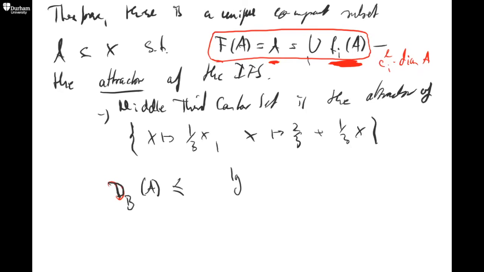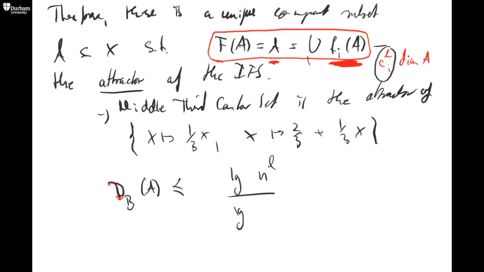So this was n, to the number of iterations of my map capital F, so n to the L, say, over the size of these sets, which was given by c_i to the L here.